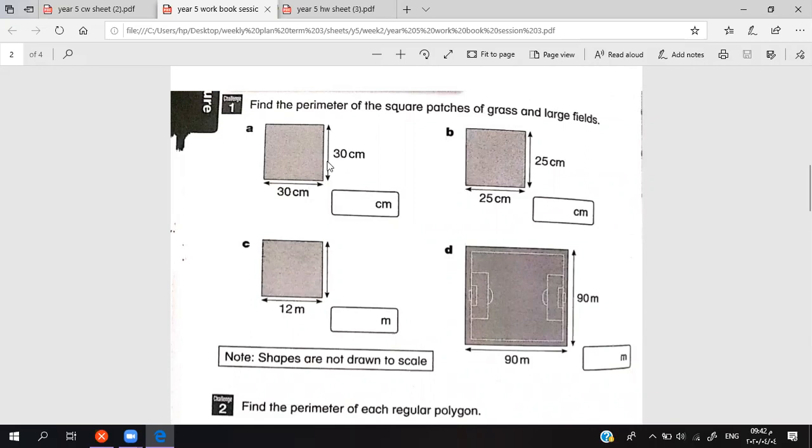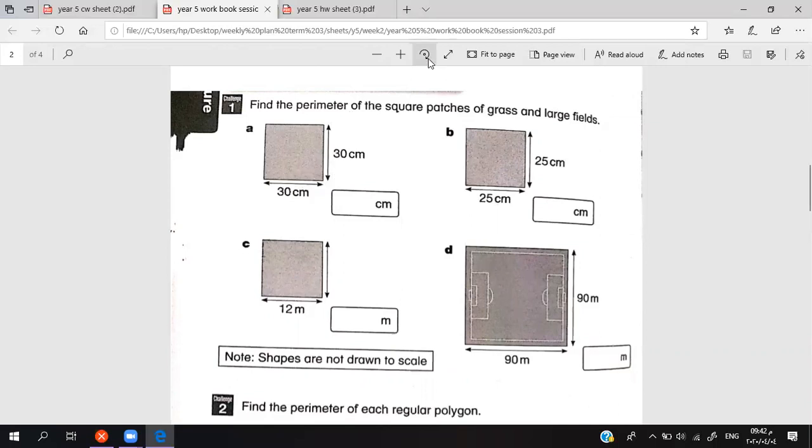So here he's saying find the parameter of the square patches of grass and large fields. These are grass and large fields. He wants its parameter. The parameter is the sum of the outside. Okay, so this is a 30 and this is a 30. It's a what? It's a square.